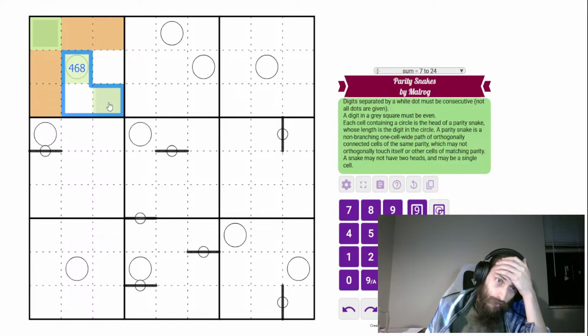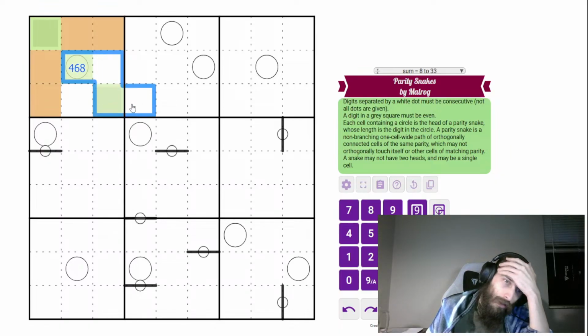If I went like this, then this one would have to be odd. But if I went like this, that one would have to be even. But then I could go like that and be length 4. Do I have enough odds to surround me?